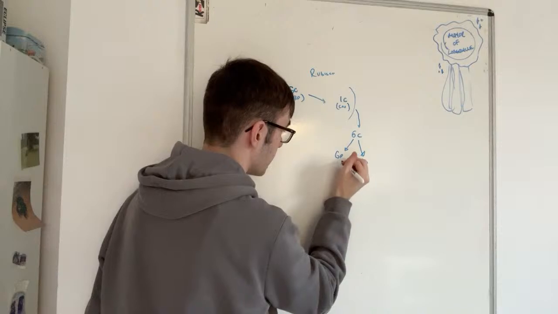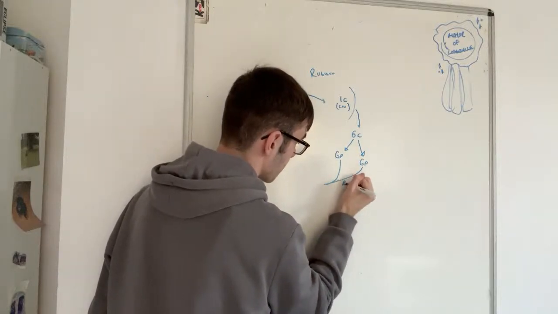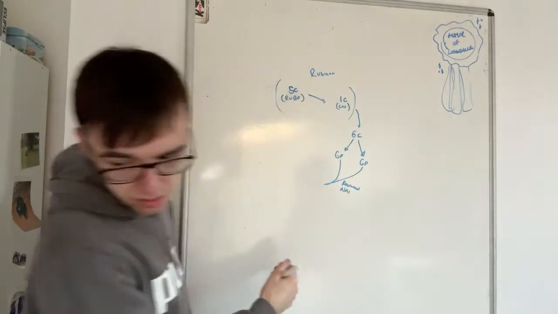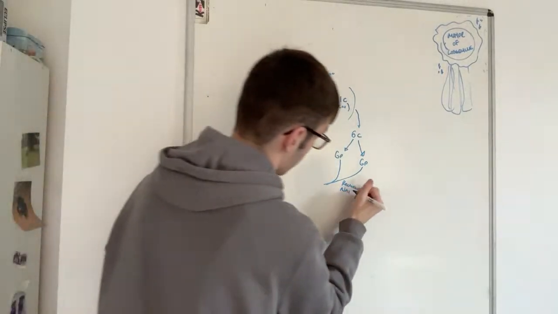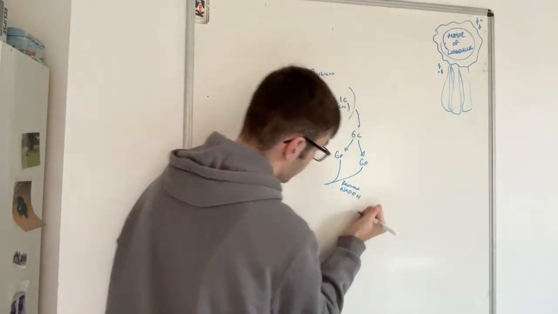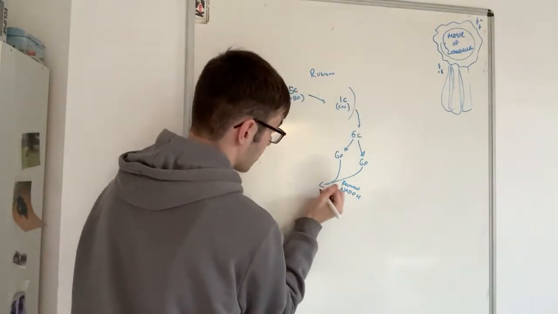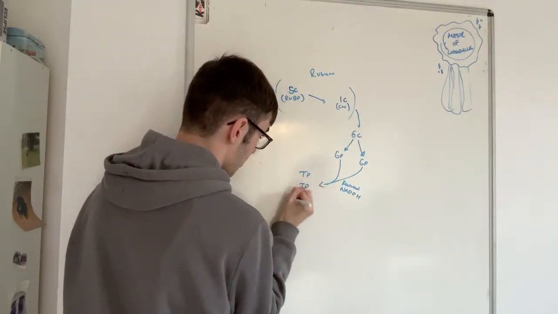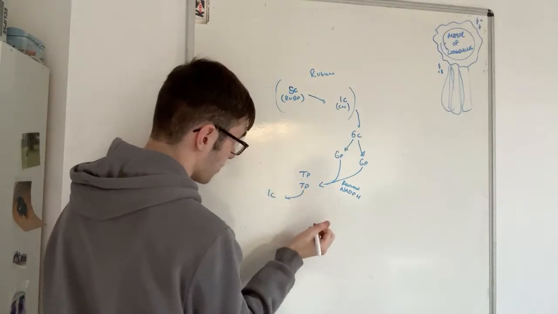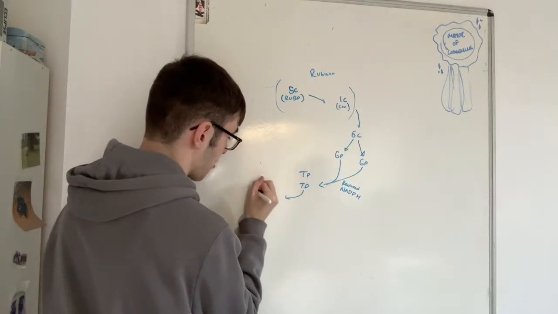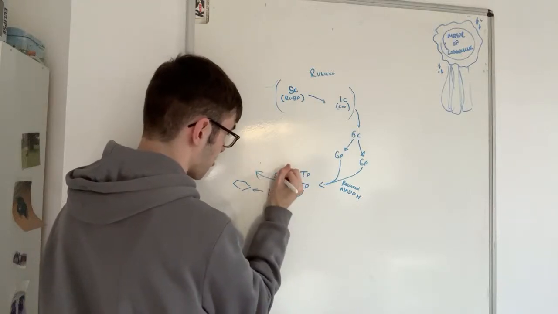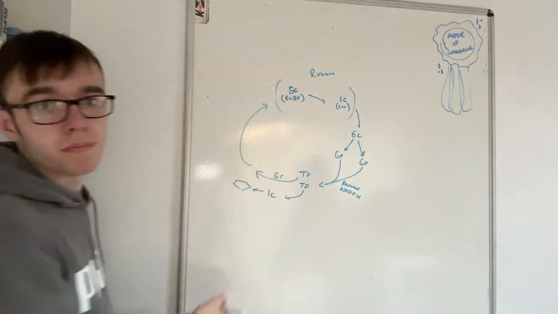The GP and GP are going to be reduced by NADPH, sorry, NADP reduced. And that's going to become TP and TP. One of the TP is going to be recycled, whereas all the others are going to become a hexose sugar.